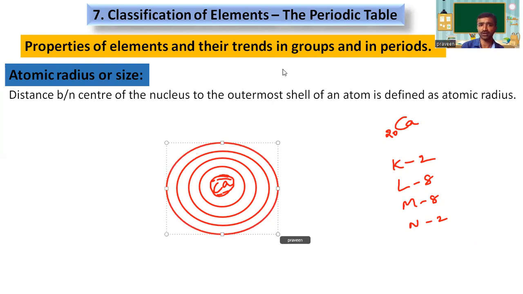Then the electrons are distributed into these. Where is the differentiating electron located in the calcium atom? Can anybody answer?